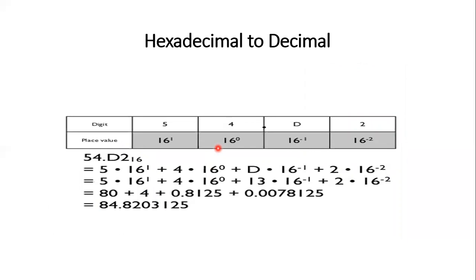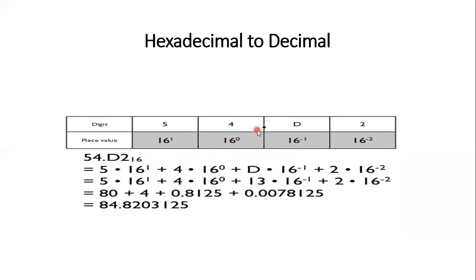The next one is hexadecimal to decimal. Okay, a hexadecimal number is given. So the same way, this is 16 power 0, 16 power 1, 16 power minus 1, 16 power minus 2.